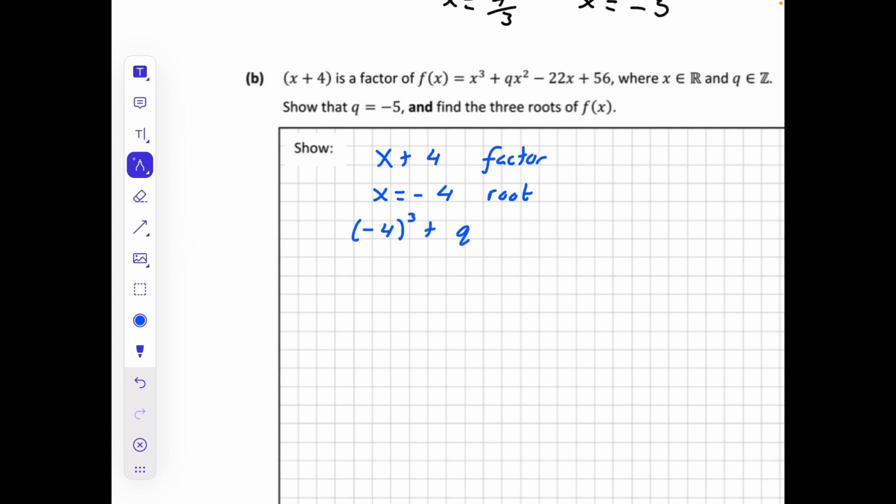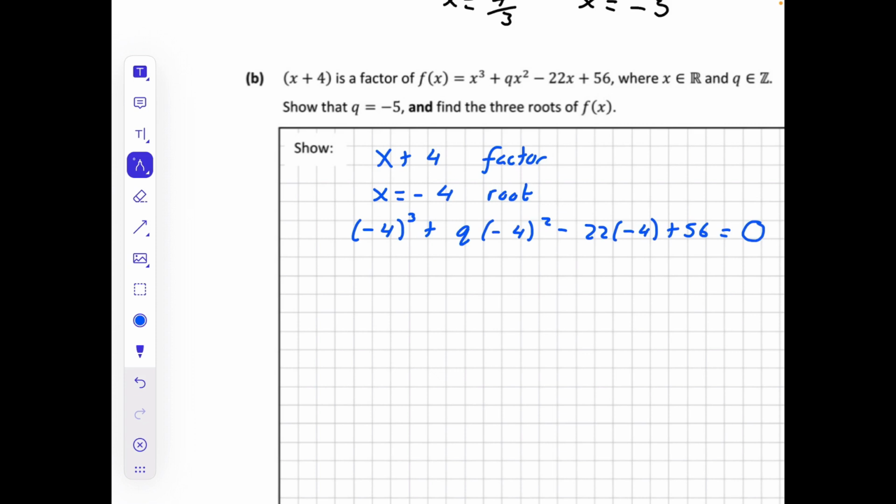So everywhere that there's an x, I'm going to put in the minus 4. I have the minus 4 everywhere there's an x. If it's a root, which we're told it is, or we're told that x plus 4 is a factor, so x equal to minus 4 is a root, that should all equal to 0.